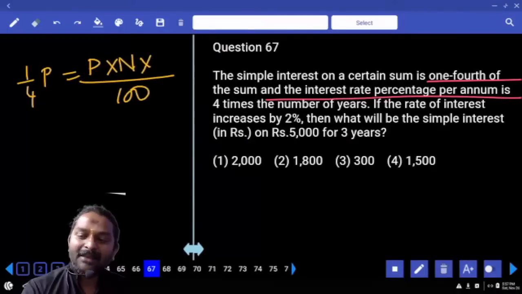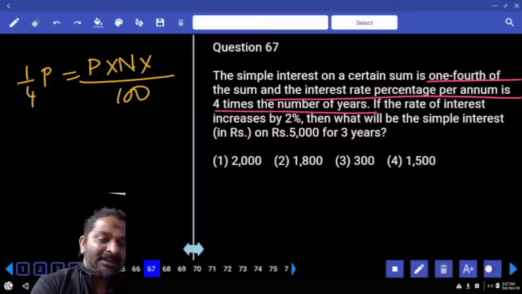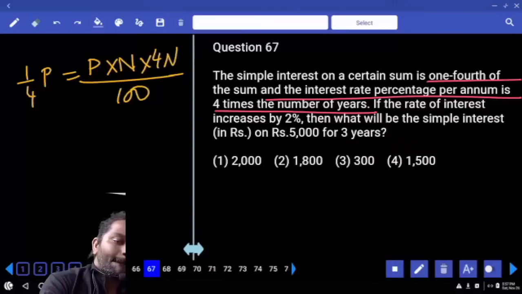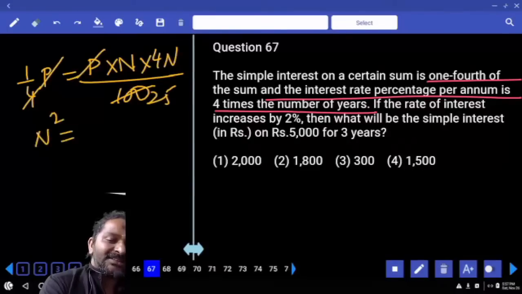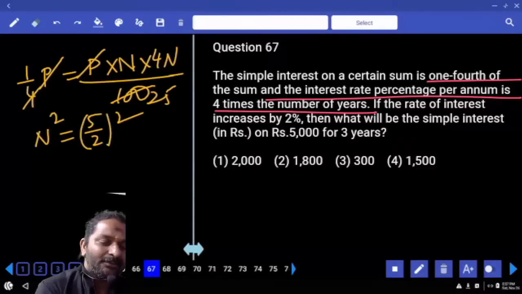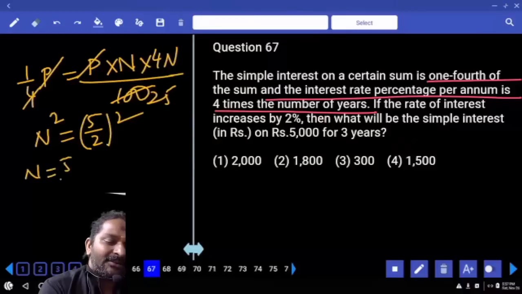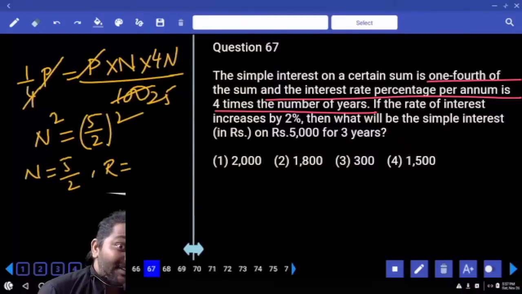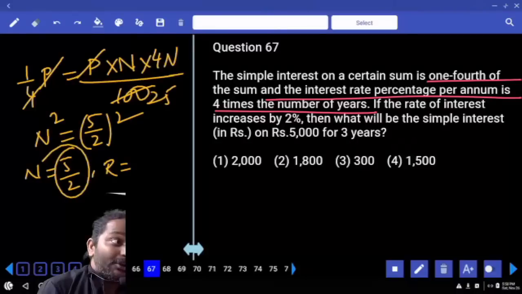Rate of interest per annum is 4 times the number of years, that is 4n only. 4 by 100, that is 1 by 25 times, P gets cancelled. N square is equal to 25 by 4, which I can write as 5 by 2 whole square. Then n is equal to 5 by 2. If n is equal to 5 by 2, r is equal to 4 times of n, they said. 5 by 2 into 4.